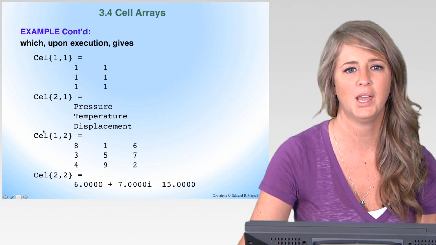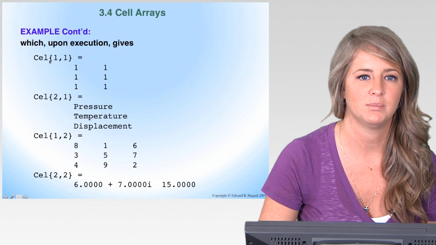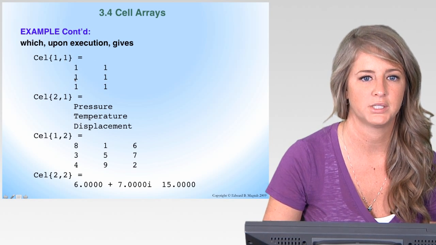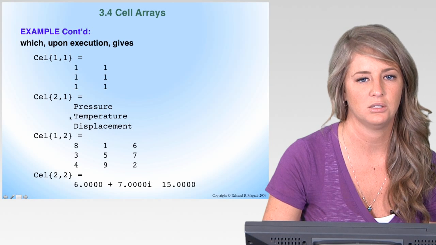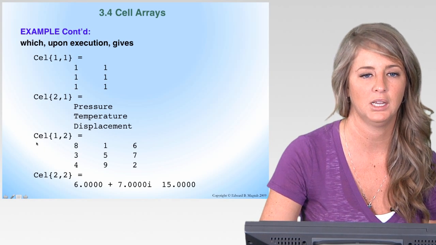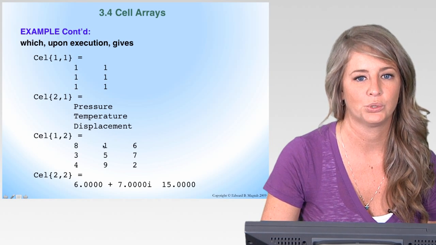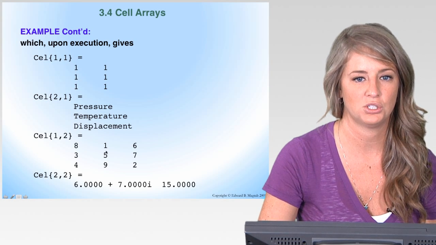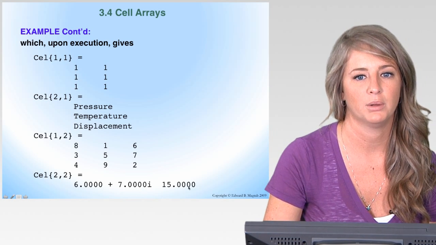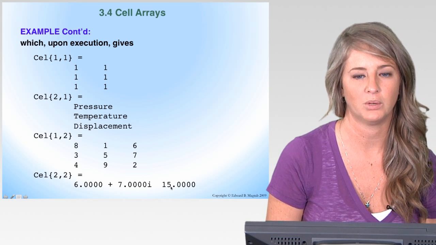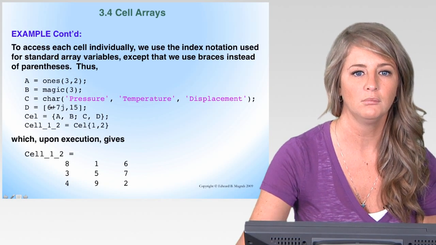And when we do that, it's telling us cell 1,1 is equal to A, cell 2,1 is equal to the string matrix that we created, cell 1,2 was equal to our magic 3 matrix, and then cell 2,2 was that complex and scalar matrix that we created.